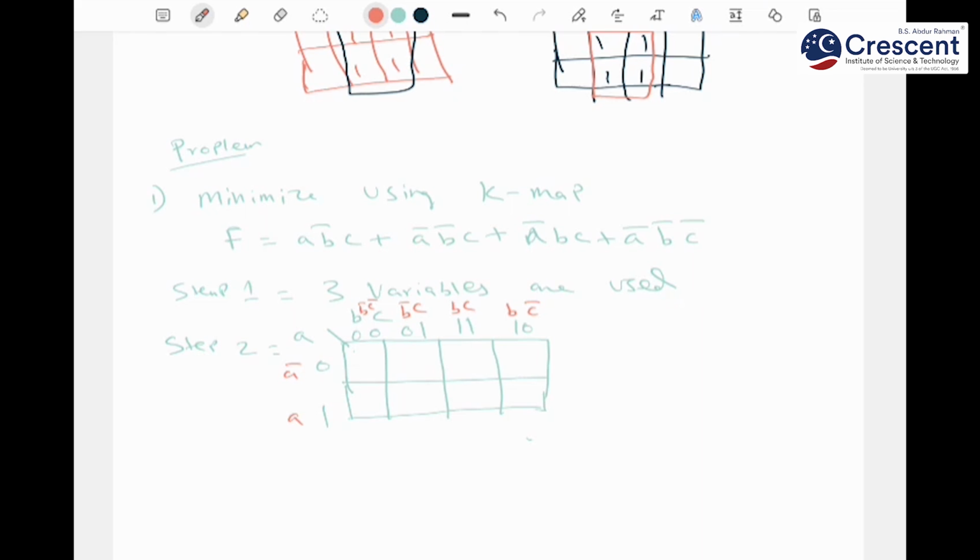Now plotting these values in this K-map, you will get a b bar c, which will be somewhere over here. The second term will be a bar b bar c. Next a bar b c. Next will be a bar b bar c bar. It will be something like this.